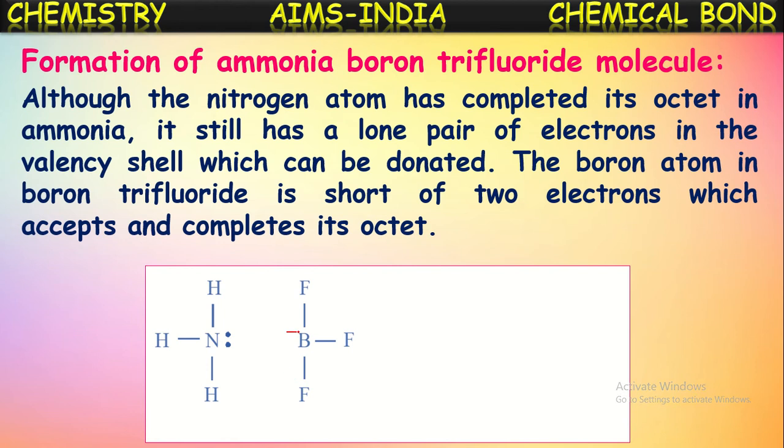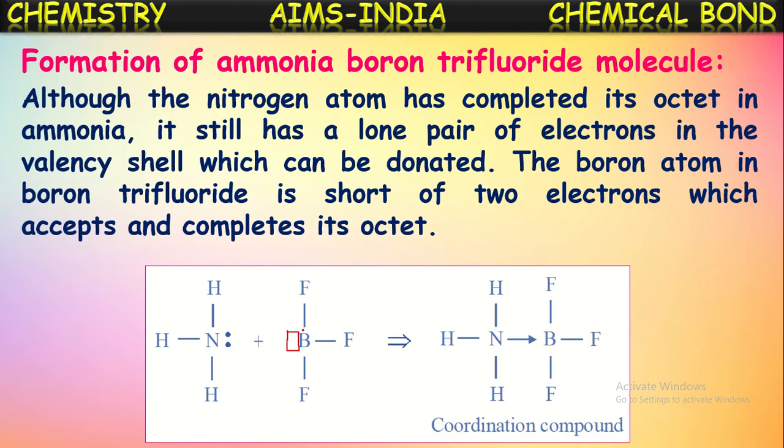It still needs 2 more electrons for getting that octet configuration. So ammonia is ready to donate one pair of electrons, and boron trifluoride is ready to accept a pair of electrons. Now when these two combine, they form a coordinate covalent bond between nitrogen and boron, and thus they become stable.